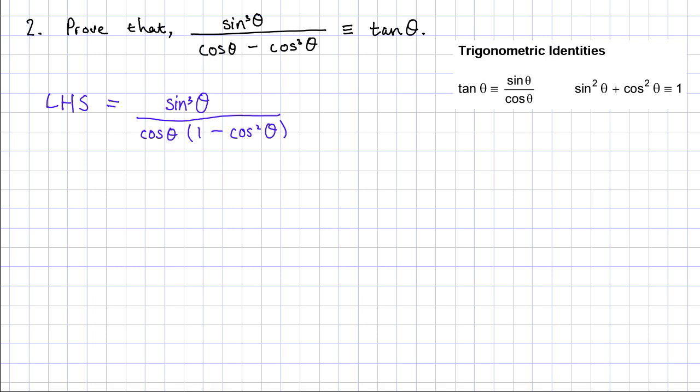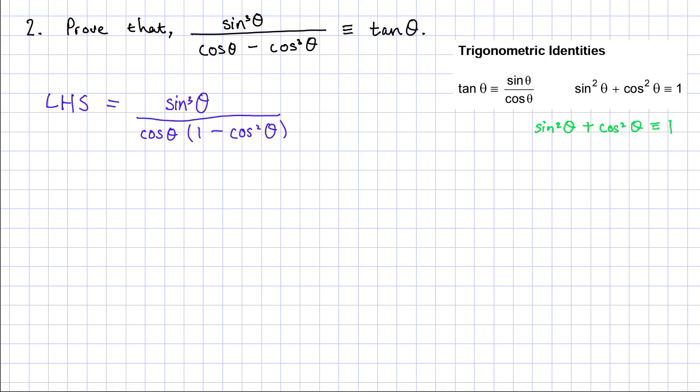Now I can see that this looks a little bit like this one. Okay, so I'm just going to work with this one and show that I can derive this from here. So let's do that. So I have sine squared theta plus cos squared theta is exactly 1.